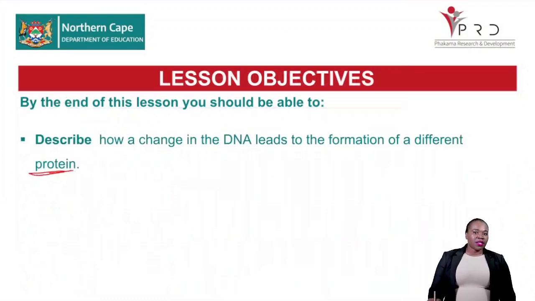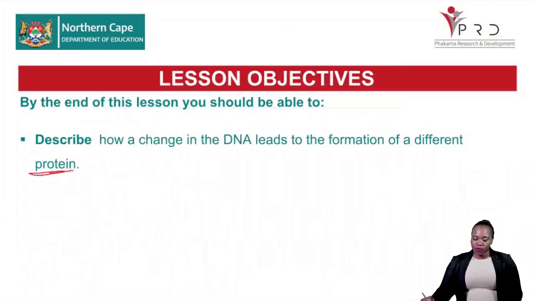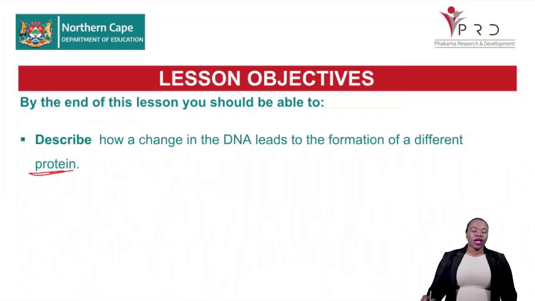Now, that mRNA that is different as well would lead to different tRNA anticodons that are going to be brought in together with the amino acid. So that amino acid is also going to be different, meaning that the amino acid sequence is also different, leading to a different protein that is going to be formed, especially if the triplets do not code for the same amino acid.